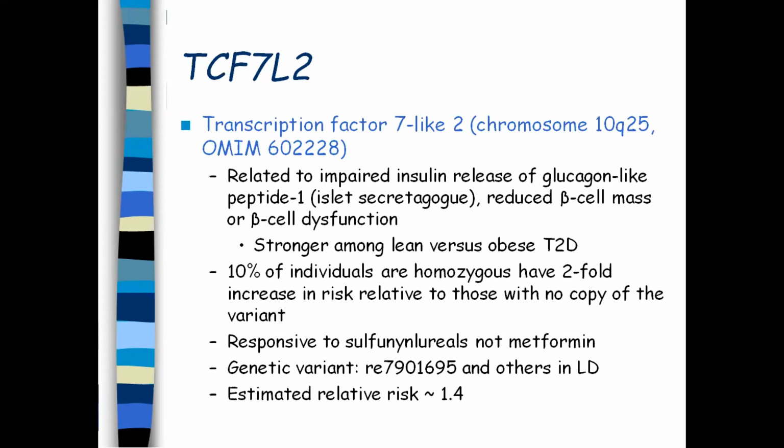Most of the time, 10% of individuals are homozygous, and they have a twofold increase in risk relative to those with no copy of the variant. They are responsive to sulfonylurea, not to metformin, because these receptors are mainly responsive to sulfonylurea.